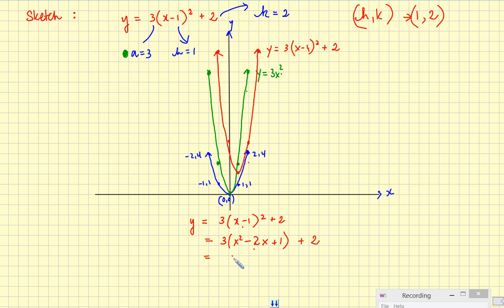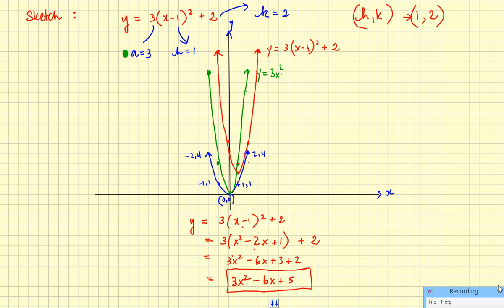And then I end up with 3x squared minus 6x plus 3 plus 2, which ends up giving me 3x squared minus 6x plus 5. All right, 3x squared minus 6x plus 5 is exactly the same graph as y equals 3 bracket x minus 1 all squared plus 2. All I've done is I've just expanded it, or opened it up.